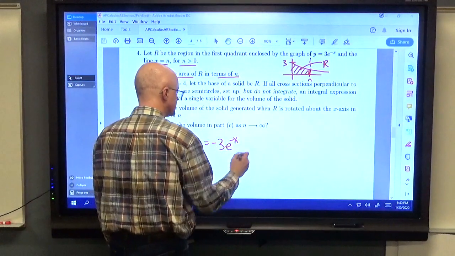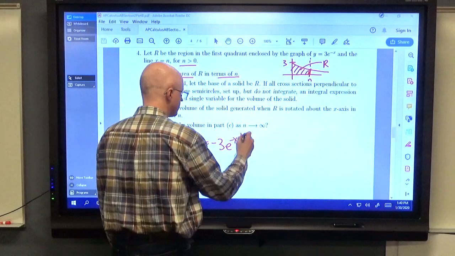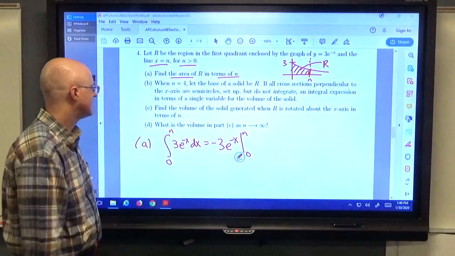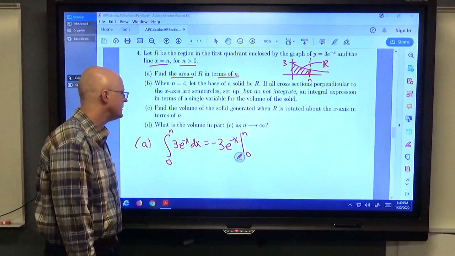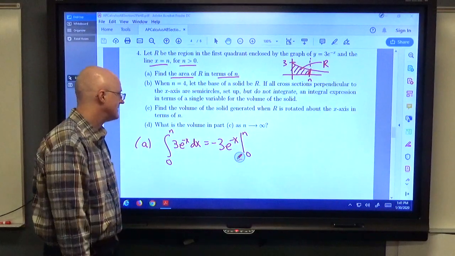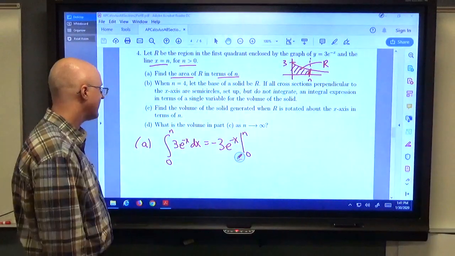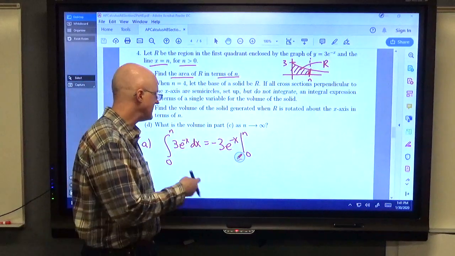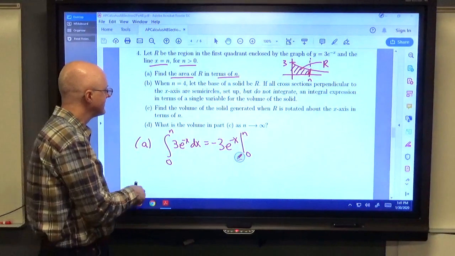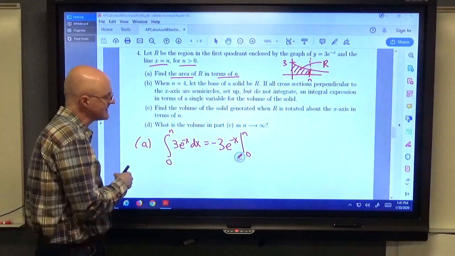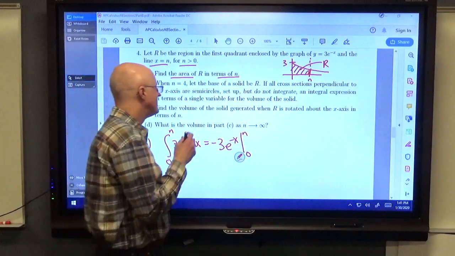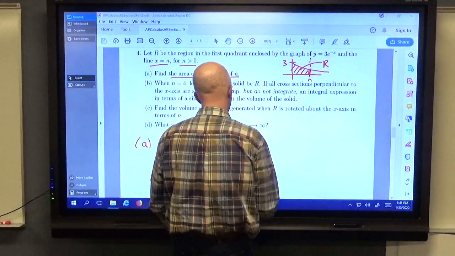Technically, you could also use substitution. U equals negative x, and du would be negative dx if you did that. Though if you wanted to keep the u, you'd have to change the limits of integration to 0 to negative n in that case. You should get the same answer in the end either way.